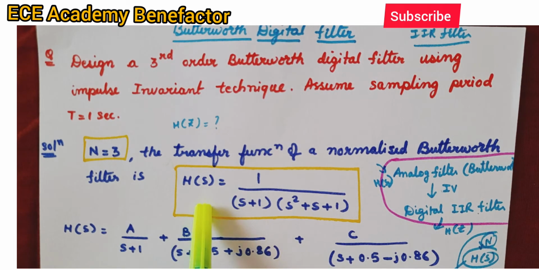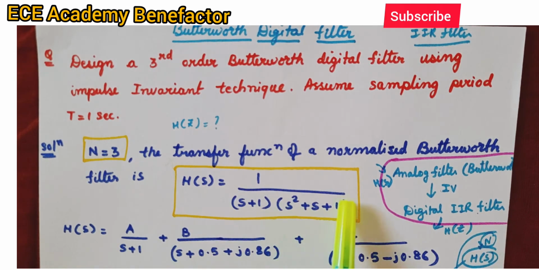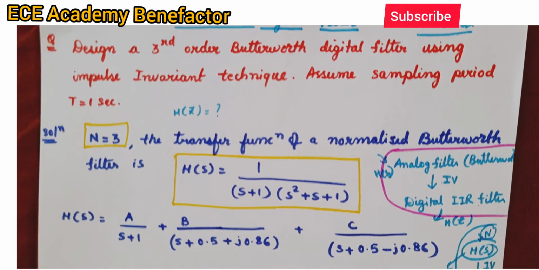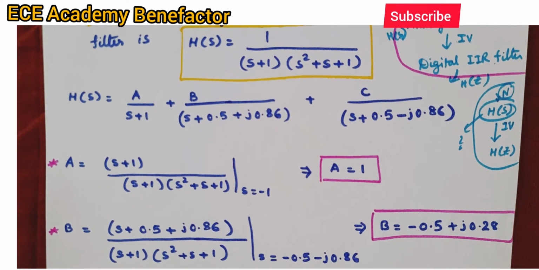So, this transfer function H of S is written as A by S plus 1, plus B by S plus 0.5 plus j 0.86 on factorizing this term, plus C by S plus 0.5 minus j 0.86. Okay. And then we find the values of A, B and C.